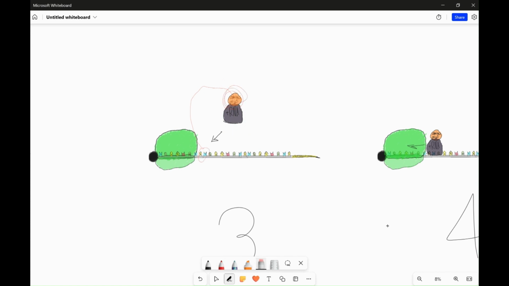So the tRNA attaches to the codon, which codes for that. You got it?